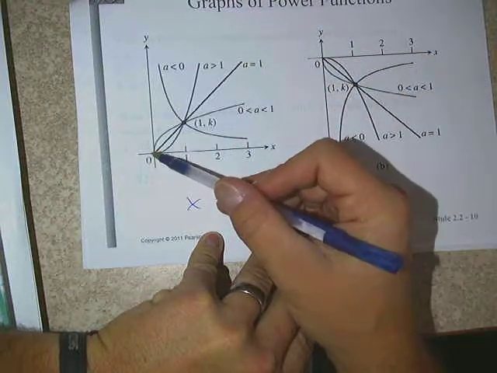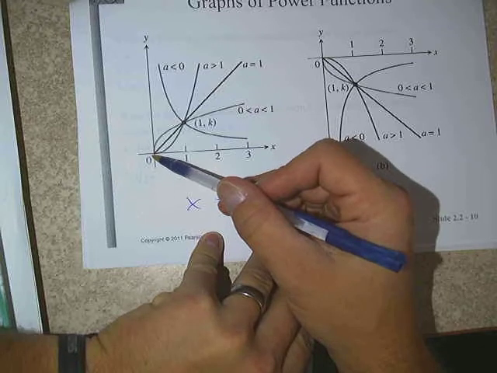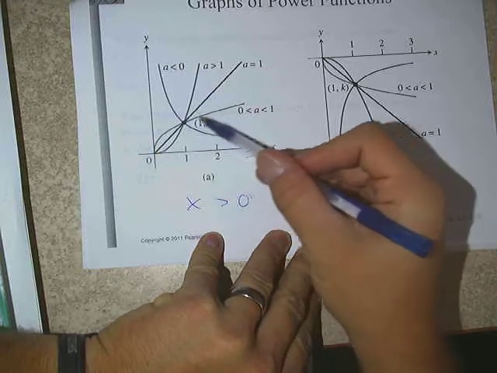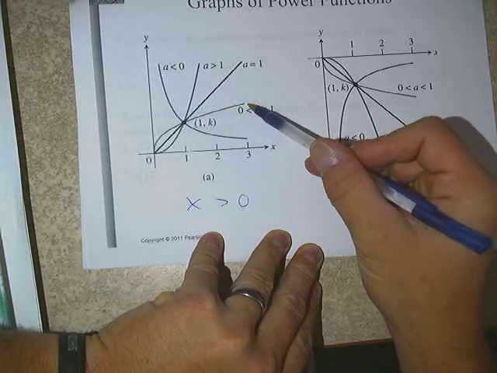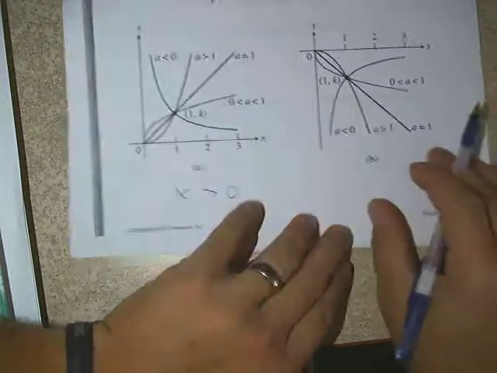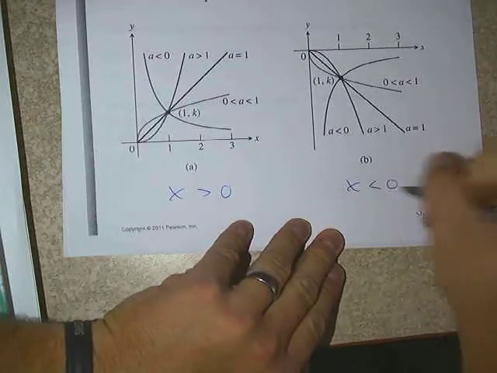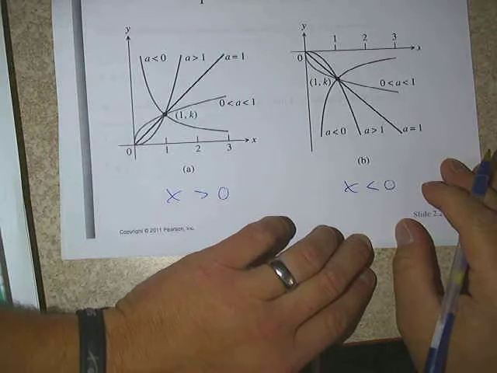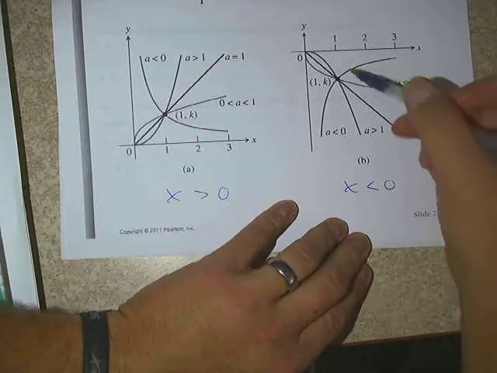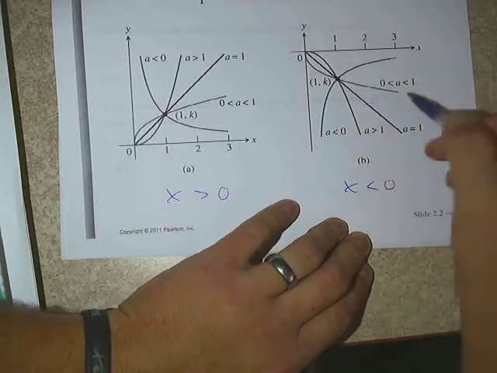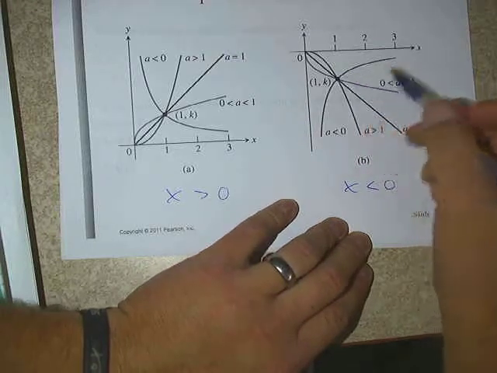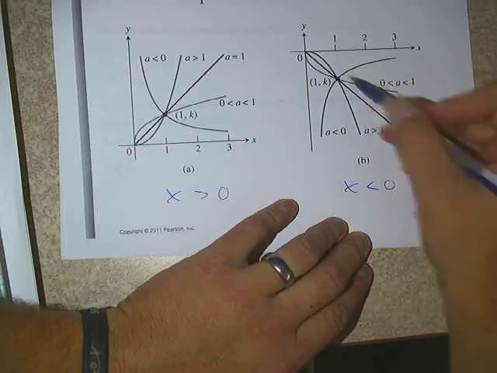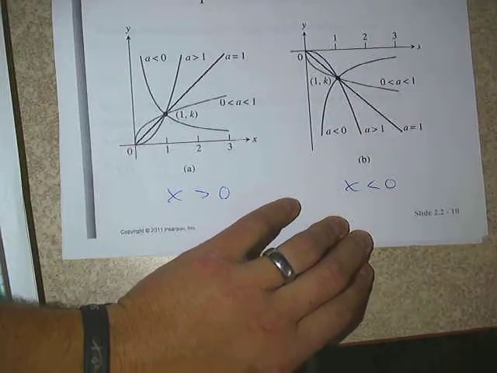Okay, let me put that on there. Okay, if the power is less than 1, okay, we're going to have a function that has that general shape. Okay, if a is greater than 1, okay, we're going to have this general shape. If a is equal to 1, it's going to be linear. Okay, and if a is between 0 and 1, so if we have a fraction power, if you will, between 0 and 1, it's going to have that square root shape.